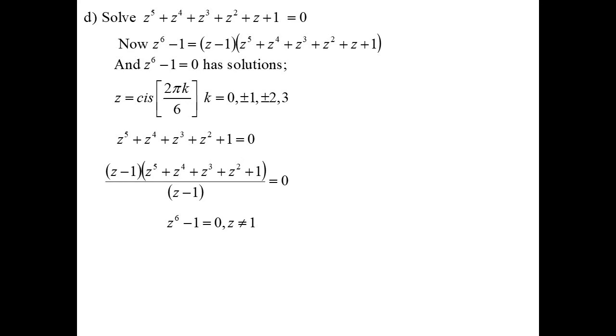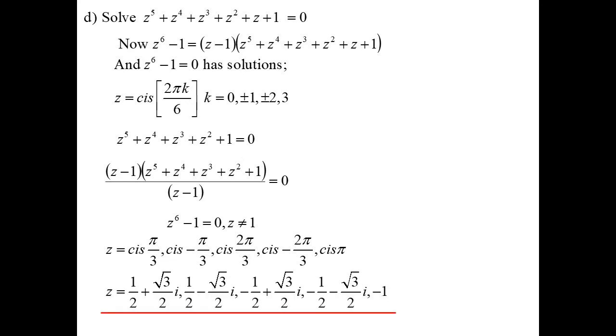So my solutions are all of those solutions less one of them. And the one we don't use is the one that makes the bottom of the fraction equal 0. So we'll have all of those except z equals 1, which means the answer to this equation, we have cis plus or minus pi on 3, plus or minus 2 pi on 3, and also cis pi. We can work those out because they're nice exact values, and there they are.